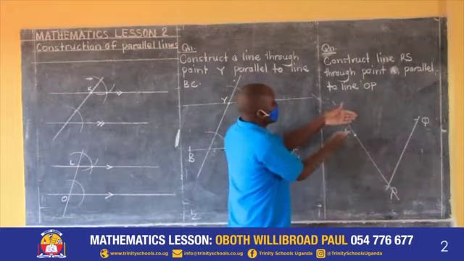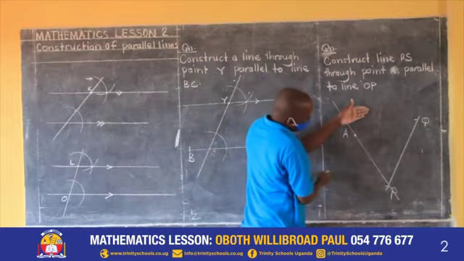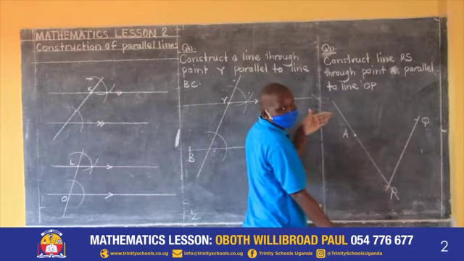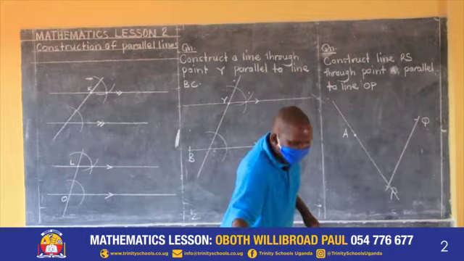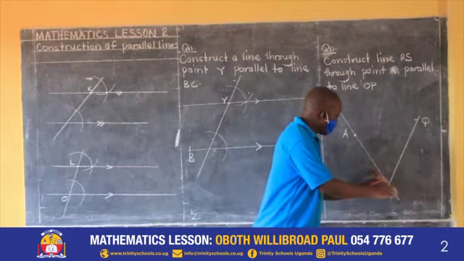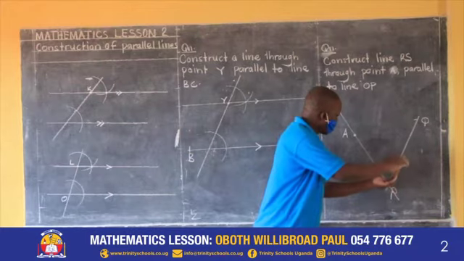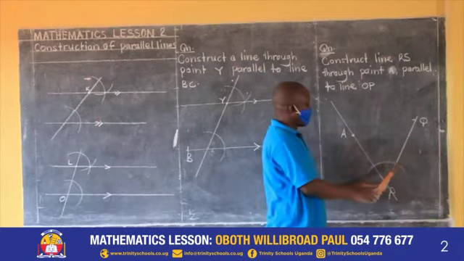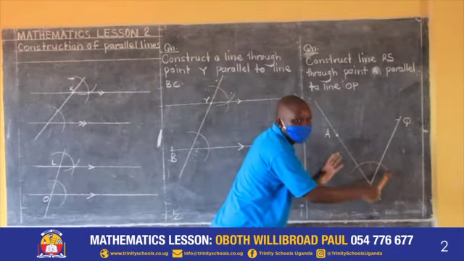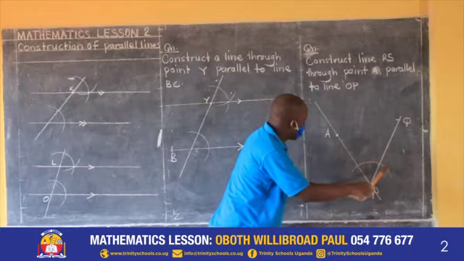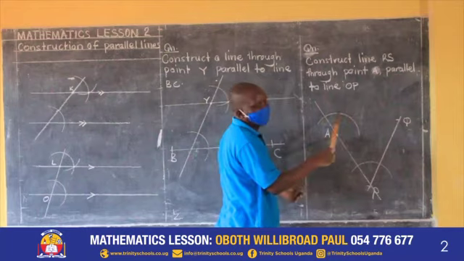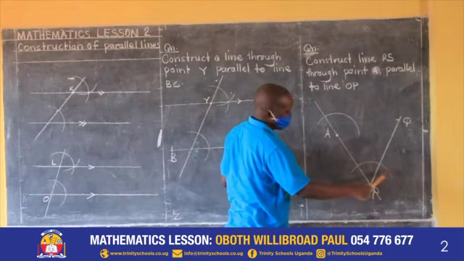But you cannot just draw it, because when you draw it, you may find that this other part is small and this other part is wide. So what happens after you have drawn that? Come back with your pair of compasses, get this angle. Once you have drawn that arc, don't wait for your hands to cool. Come directly here and draw another arc there of the same radius as this one.